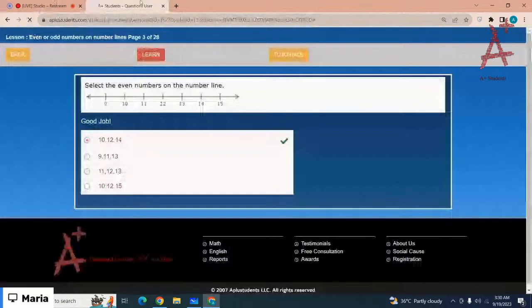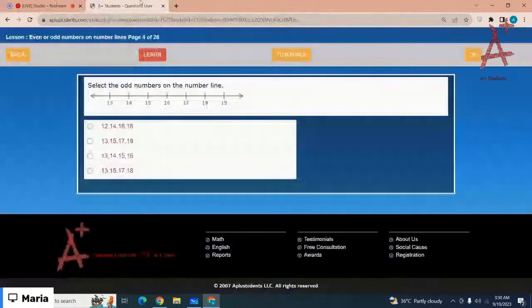Select the odd numbers on the number line. So which is the odd number? Very good.